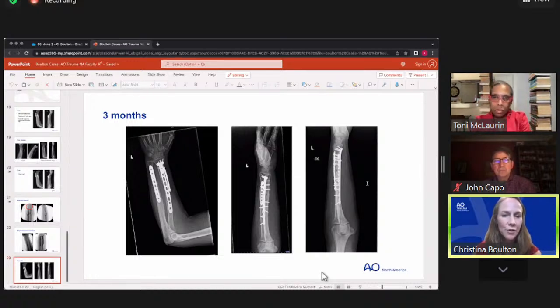Usually I'll use a little 2.0 plate or something to reconstruct the radial bow when there's a lot of comminution on that bowed side. Even if you're missing bone on that side, if you had a little butterfly fragment that came out in an open fracture or something, I'll put that little bend in just to get the curve back, and to hold any bone graft that you want to put in there.